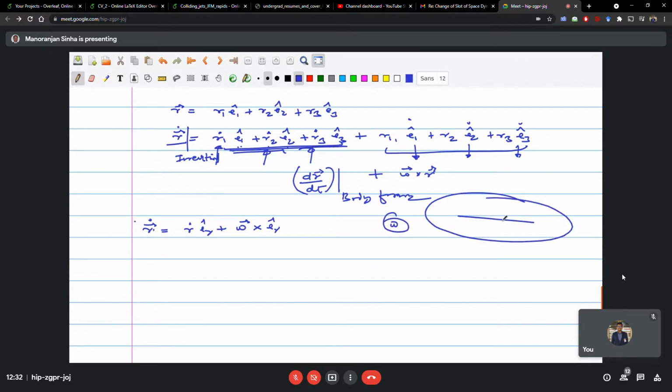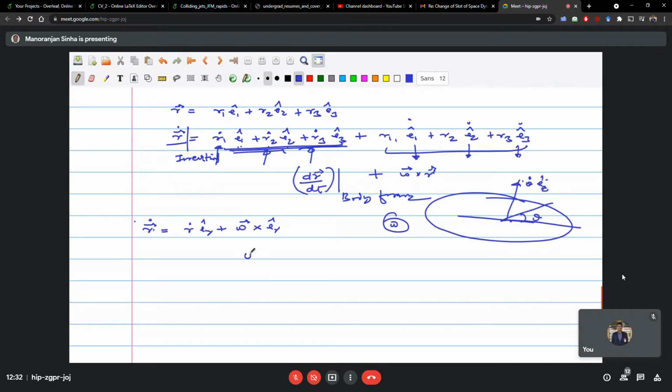We have already proved that this is in a plane, so it will be rotating at the rate of theta dot, and therefore the omega vector, theta dot, will lie perpendicular to this. We can write it as theta dot times EZ cap, or E3 cap, whatever notation we use.